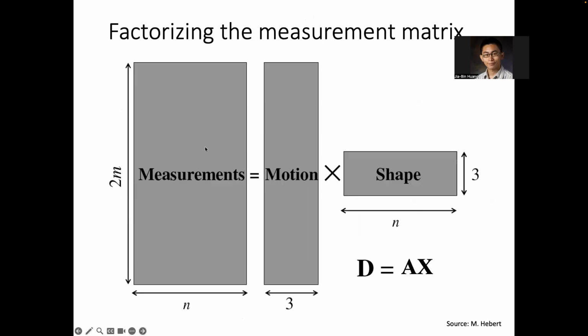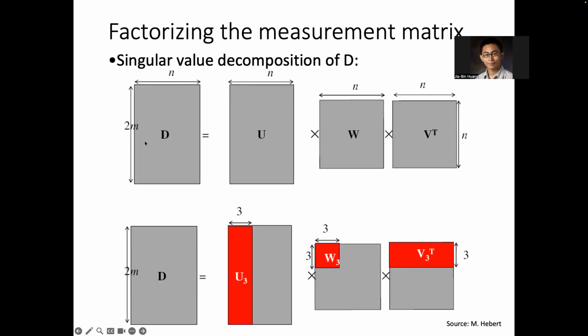So when I try to do this decomposition, because of the measurement and the motion and this guy, the maximum rank is 3 only. Which means that one way to decompose these things is the following: if I take the SVD of this D matrix, it is still a full rank matrix.